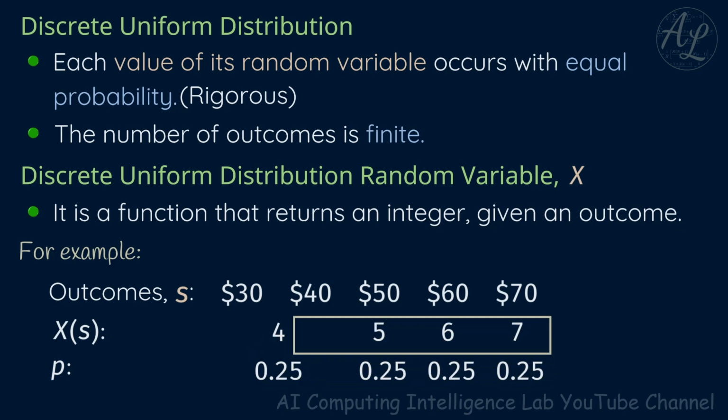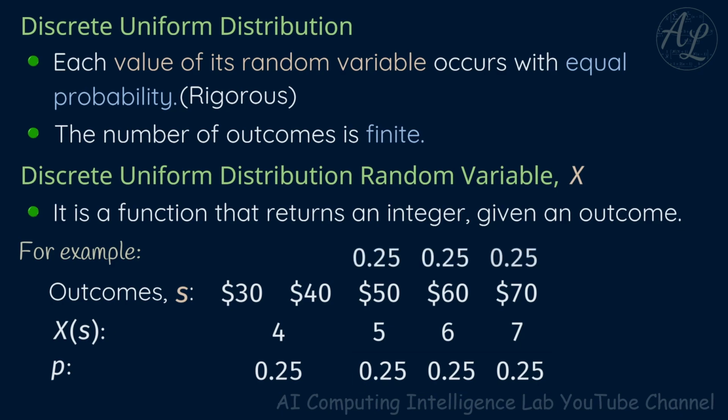Now the probabilities of occurrence of these 3 outcomes are the same as the probabilities of occurrence of their corresponding values of the random variable. So their probabilities of occurrence are each 0.25 as well. But for these two, their probabilities of occurrence must add up to 0.25.